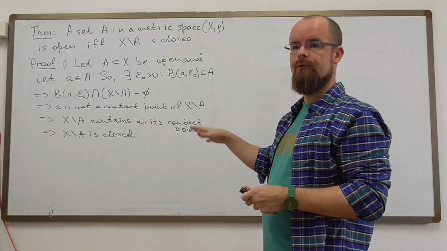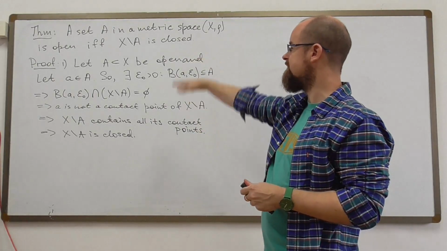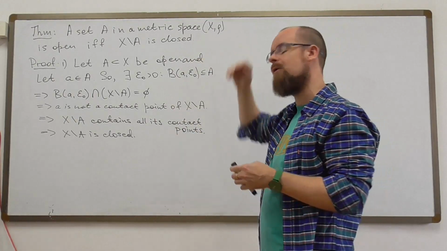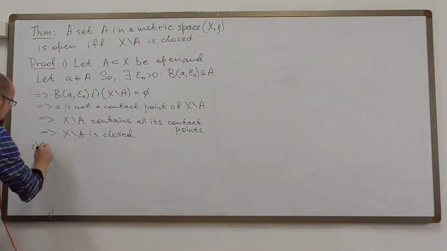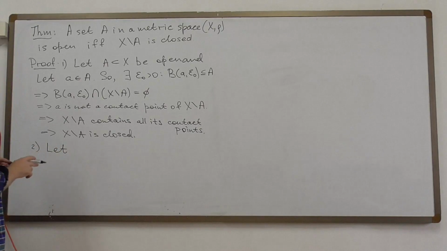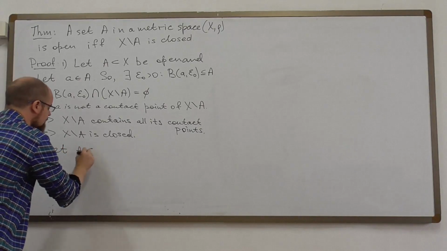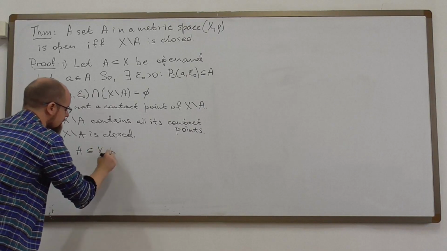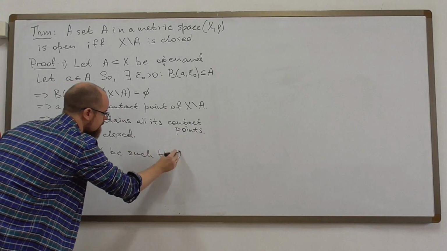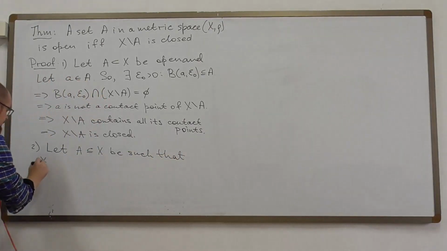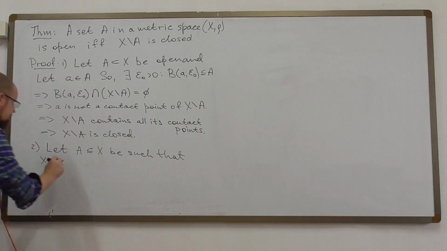The proof of the converse statement is pretty much the repetition of this argument but read backwards. Let's go through it. Let A in X be such that the set X minus A is closed.